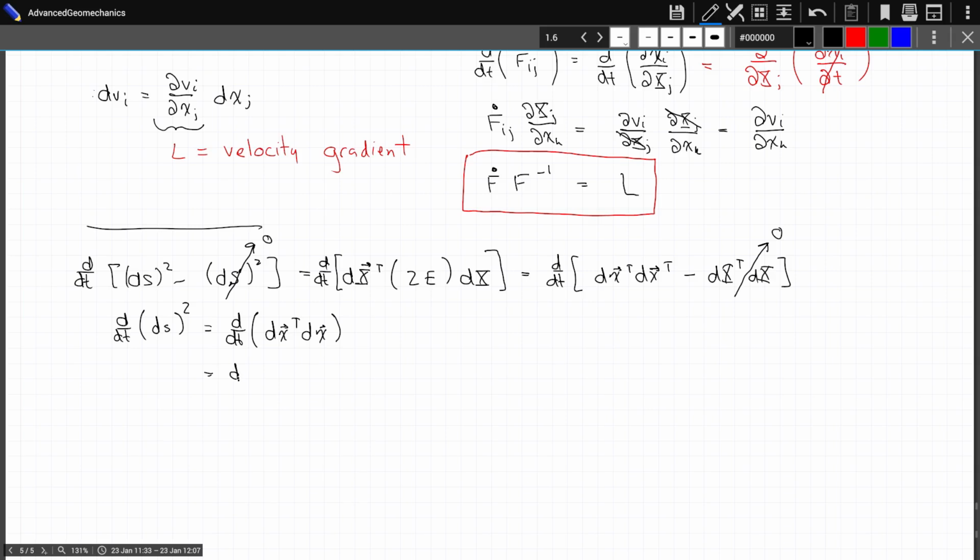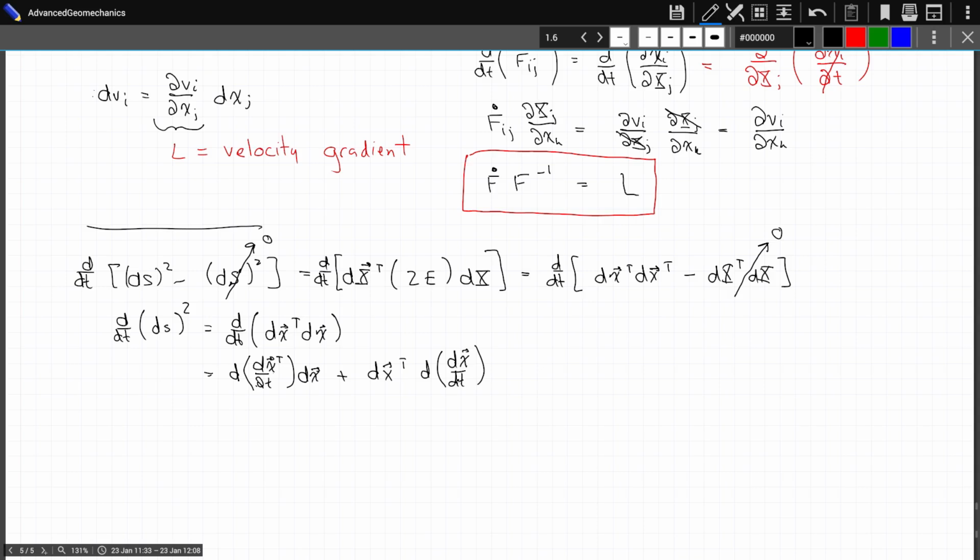Reversing the order of operations on the derivative in the terms, that's equal to d partial x transpose partial t dx, plus, using the chain rule, dx transpose d partial x partial t.